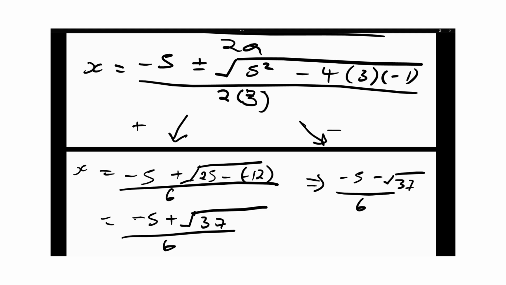Then you punch this into your calculator. -5 plus root 37, and then you use your brackets for all of that because it's a numerator, then over 6.